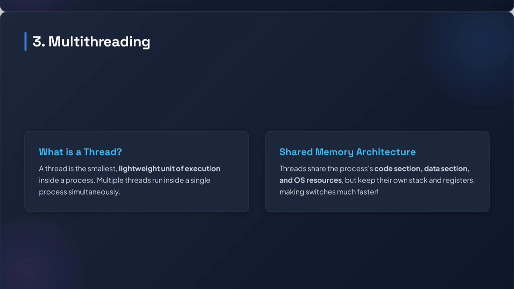First, a process creates multiple threads to handle different subtasks simultaneously. Second, all the threads share the same code and data, and the operating system's resources.